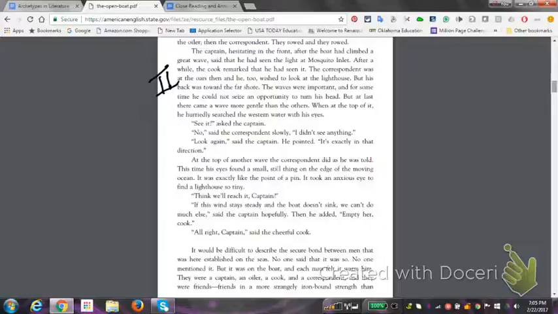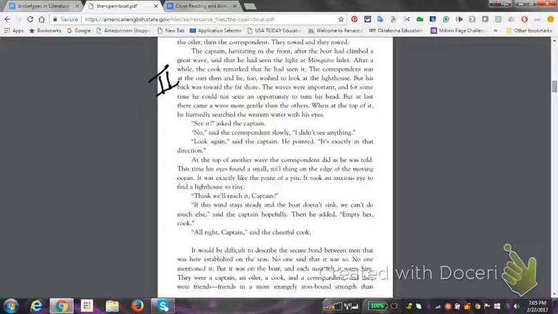The captain, hesitating in the front after the boat had climbed a great wave, said that he had seen the light at Mosquito Inlet. After a while, the cook remarked that he had seen it. The correspondent at the oars then also wished to look at the lighthouse, but his back was toward the far shore. The waves were important, and for some time he could not seize an opportunity to turn his head. But at last there came a wave more gentle than the others.